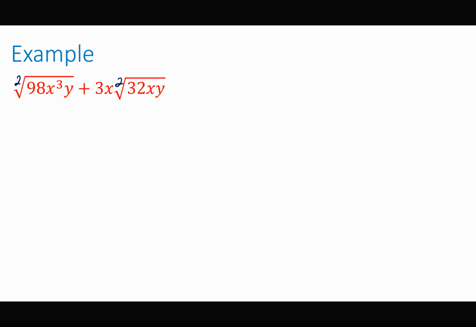All right, let's look to simplify this first one. So 98x cubed y. So we're working with square roots. So a largest perfect square factor of 98. What could be a largest perfect square factor of 98?